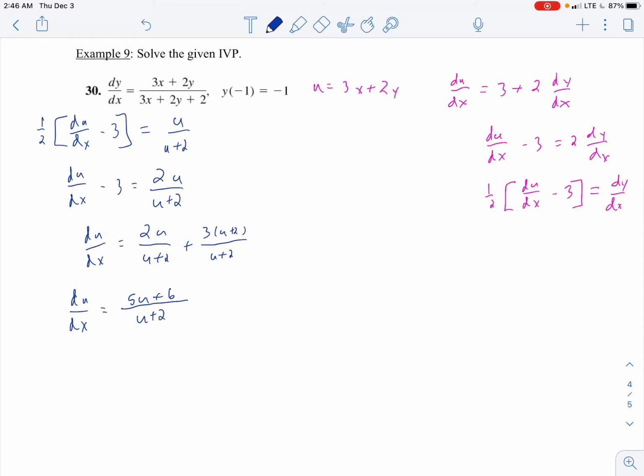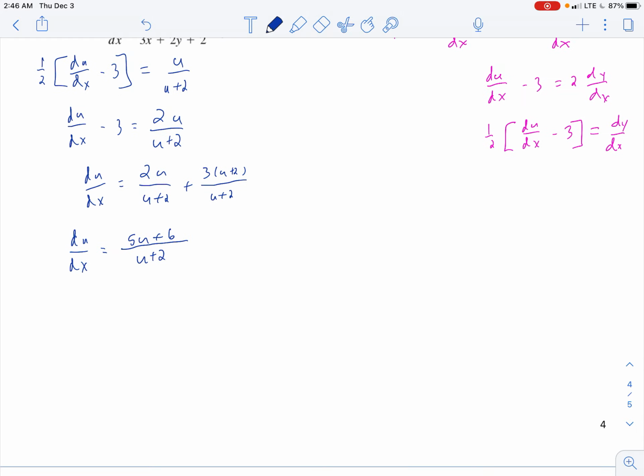On the left hand side I have du over dx, on the right hand side I have 5u plus 6 over u plus 2. Alright, so let's go ahead and multiply both sides. So on the right hand side I'm going to just get dx, and on the left hand side I'm going to multiply by the reciprocal, so it's going to be u plus 2 over 5u plus 6 du.